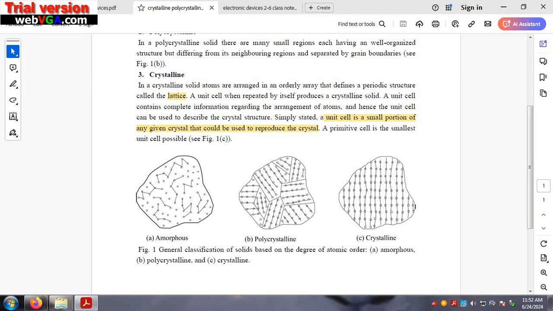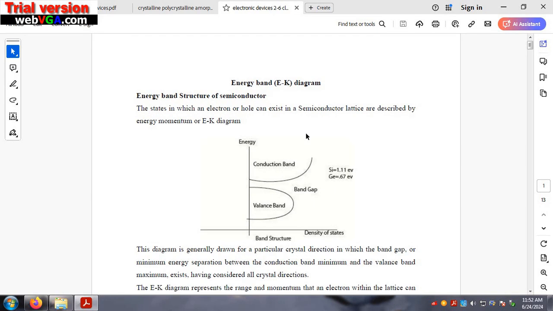Now after this, once again I will discuss some fundamentals related to this subject. Though it is not included in your syllabus, I think it is very important to know the applications of semiconductor materials when you study optoelectronic devices.